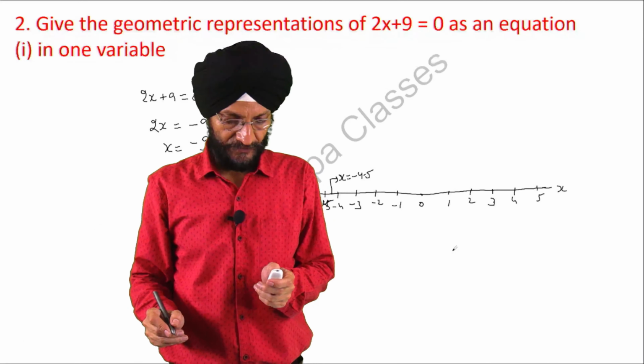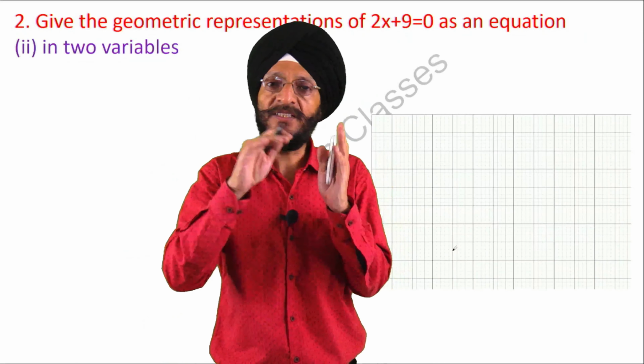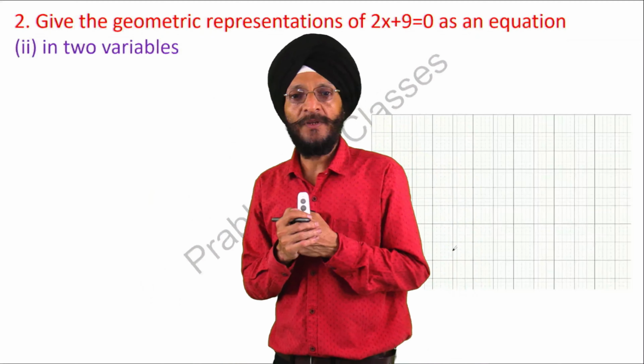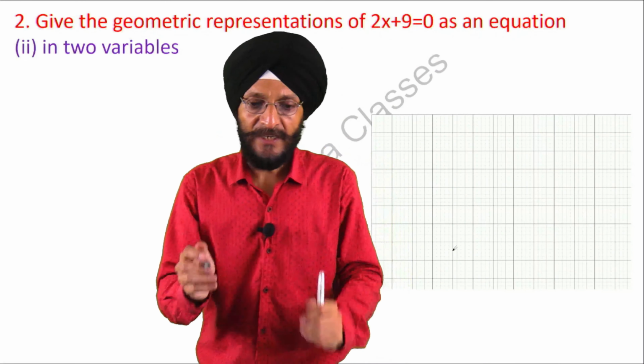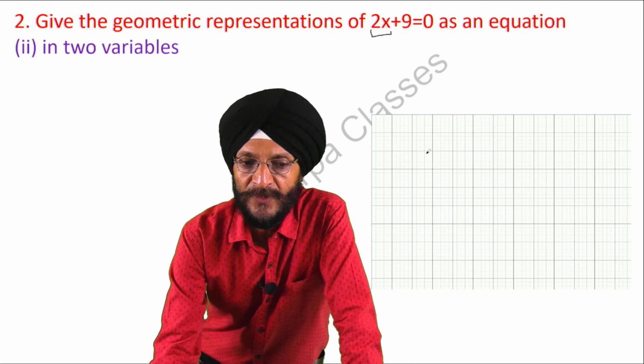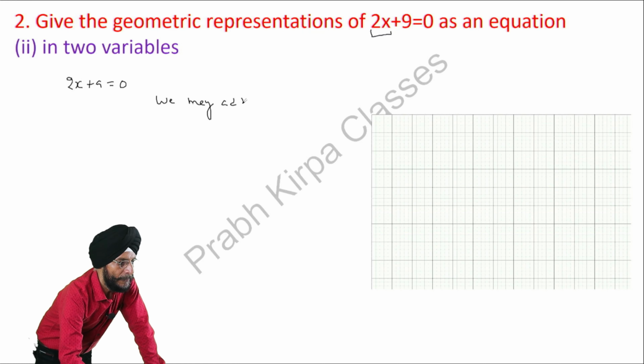Now, the next question before us is, we are to represent the same equation in two variables. As already told, in this question only one variable is given. So when one variable is given, we may add y variable in the equation.